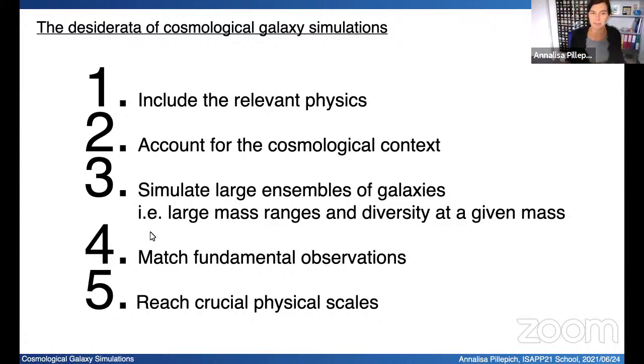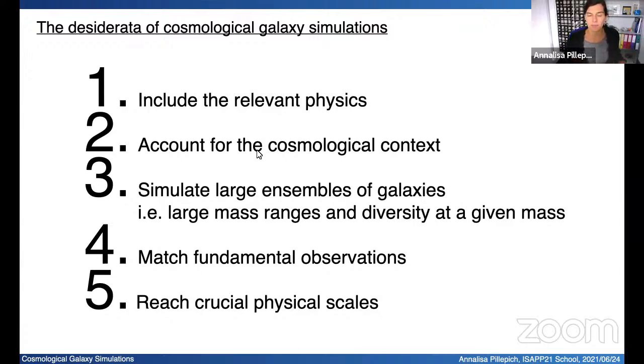So again, at the forefront of the research in this modeling of cosmological galaxy simulations, we have a series of desiderata. We are at the point where we are really pushing the frontier, and we want, first of all, to include the relevant physics. We want to account for the cosmological context. We want to simulate large ensembles of galaxies. These simulations have to be realistic at some level, and we want to reach crucial physical scales.